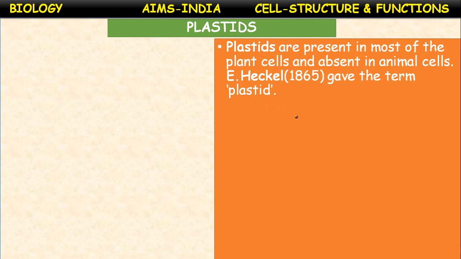With the help of the teacher, you can do this activity. After mounting it in water on a slide, observe it under a microscope. You will observe small green disc-like granules called chloroplasts. You can also draw the picture while observing.